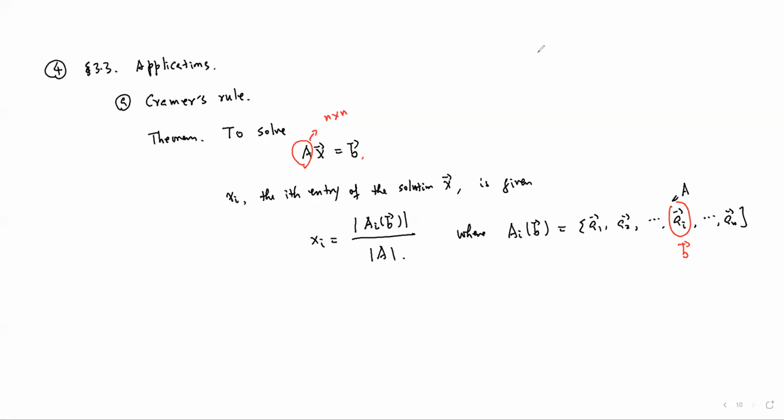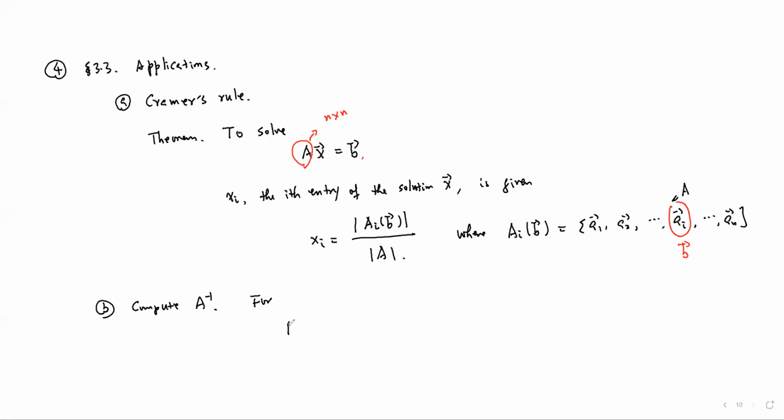This is one application. A second application is that we can use determinants to compute the inverse. The formula is: form the matrix of cofactors.